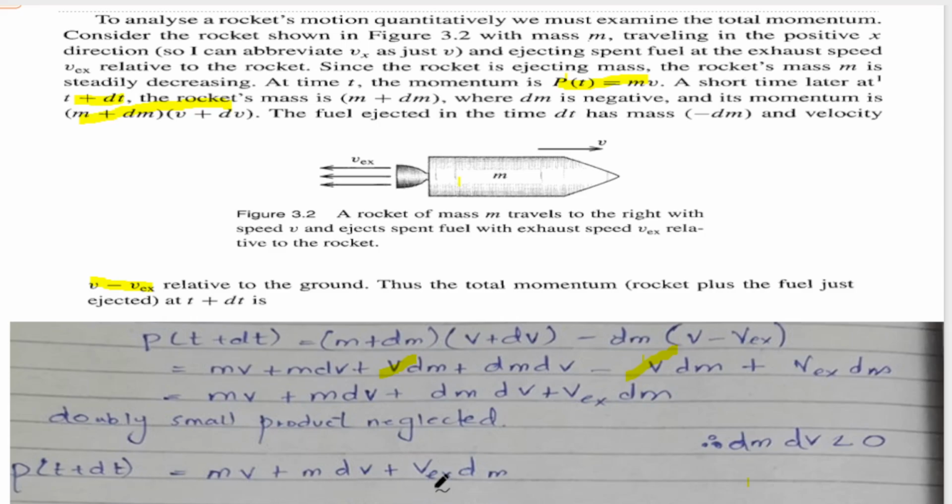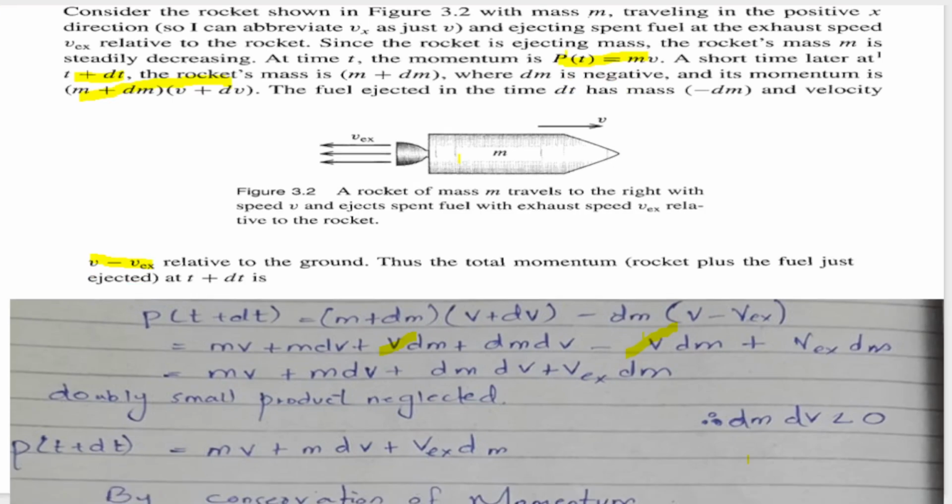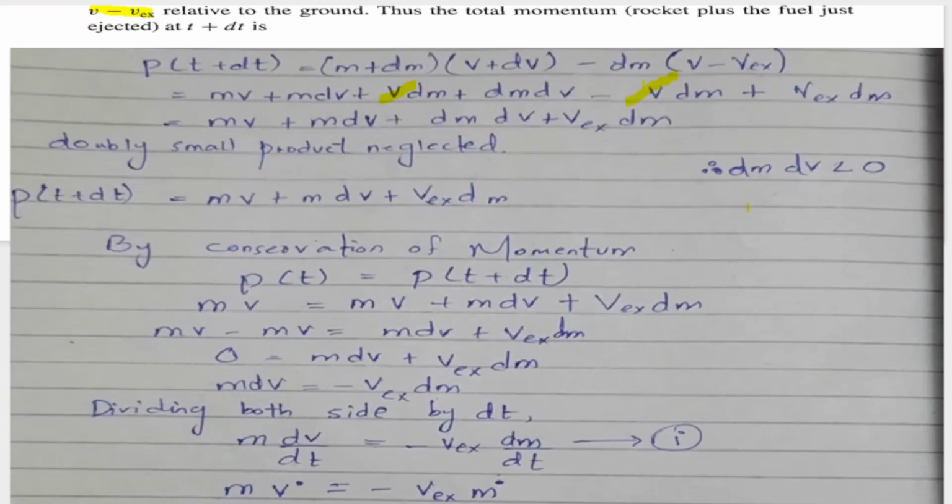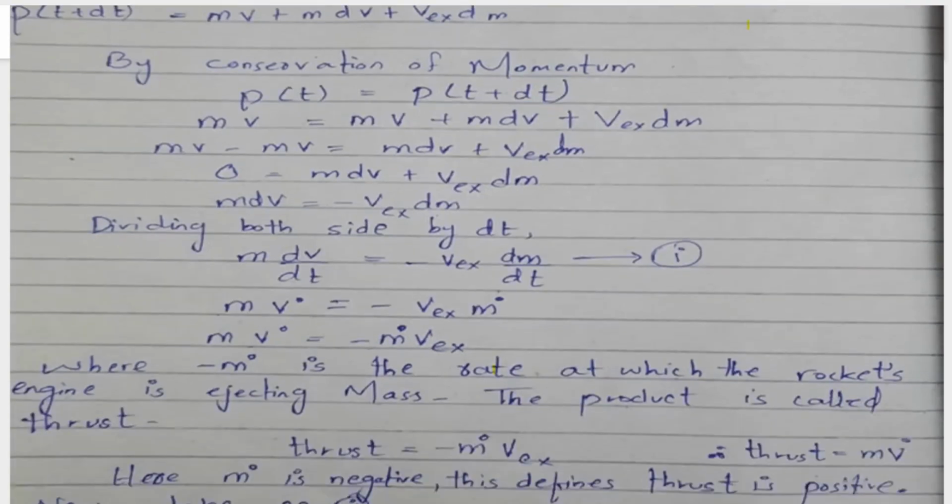We are remaining with these terms, and after applying conservation of momentum, this is the momentum before ejecting, and this is the momentum after ejecting. After putting in values, these two terms will cancel, this one and this one.